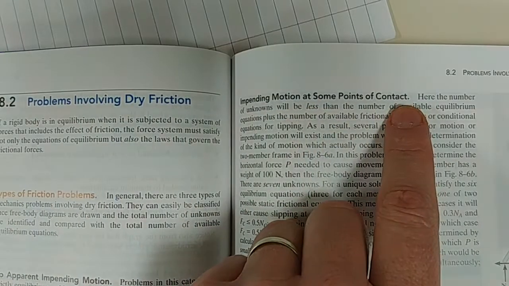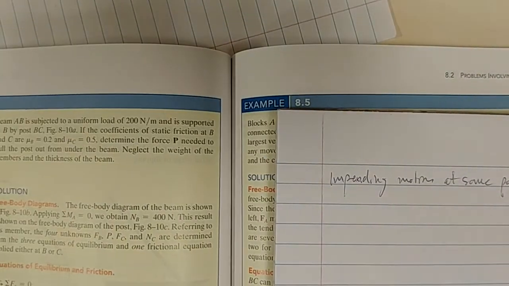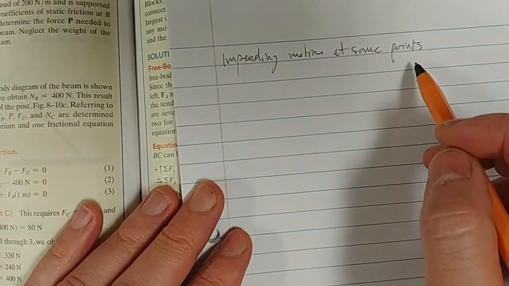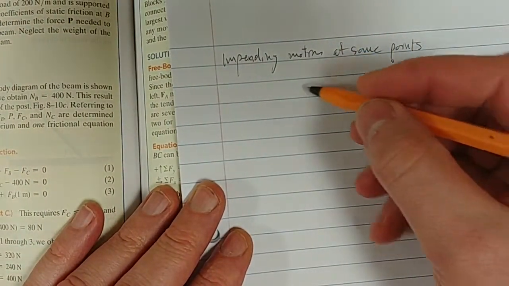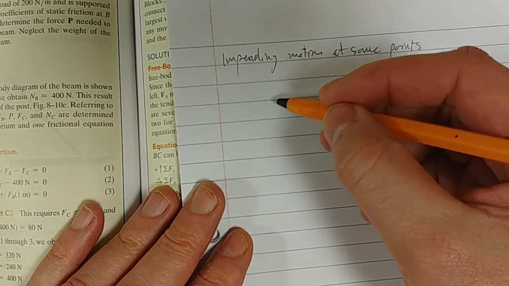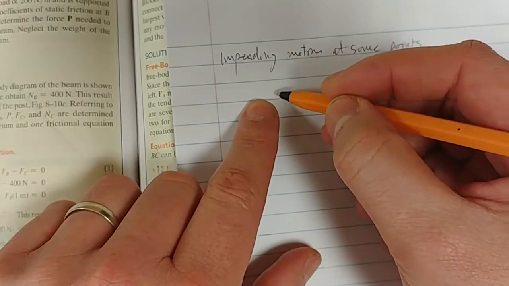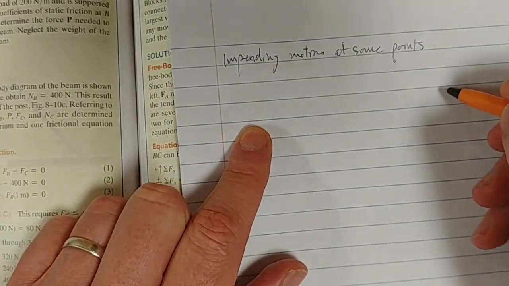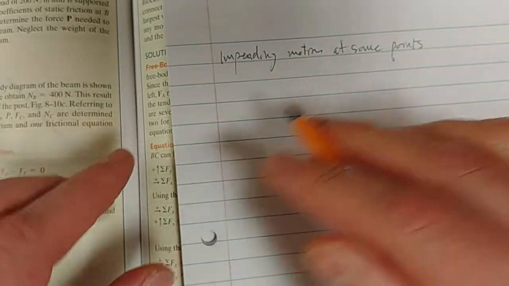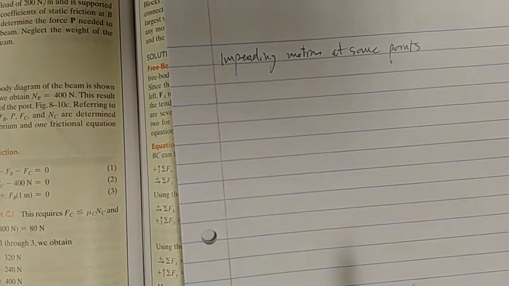So what did I say? When you have impending motion at some points of contact, you assume impending motion at one point and not impending motion at the other point, and you solve your problem. And then you assume impending motion at the other point and not at that point, and you solve your problem again, and you compare your results, okay?